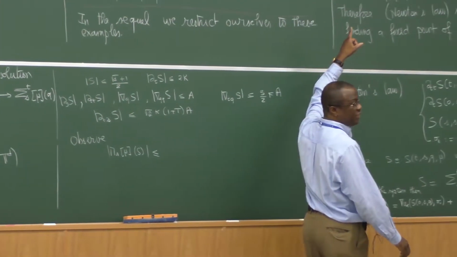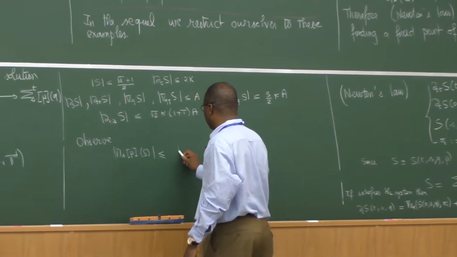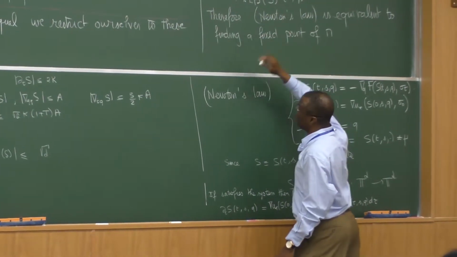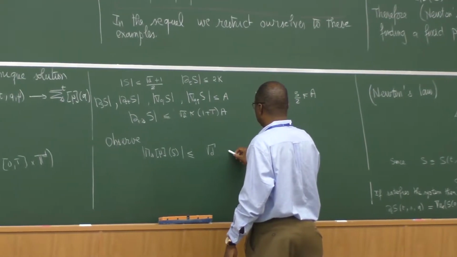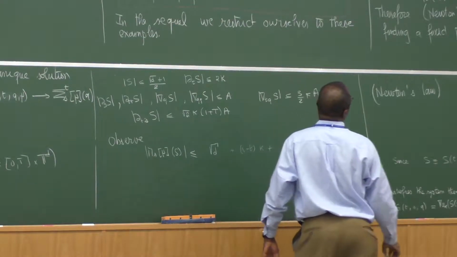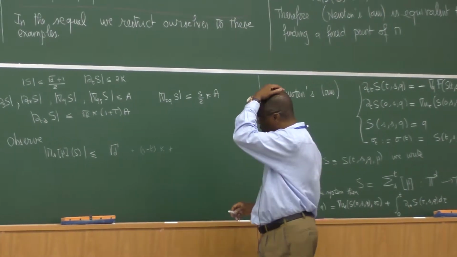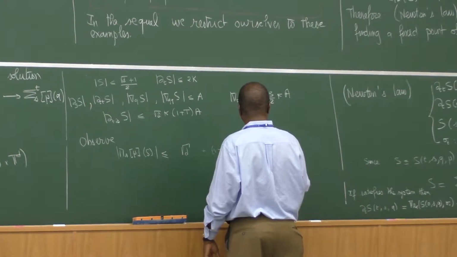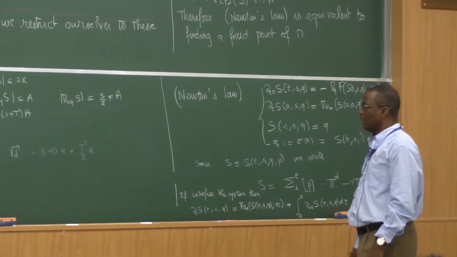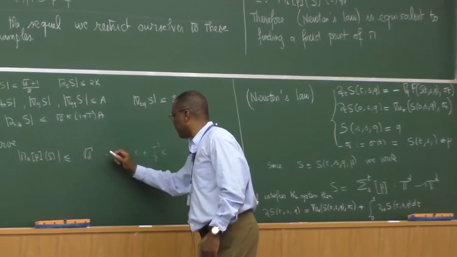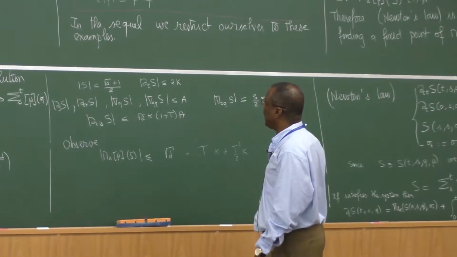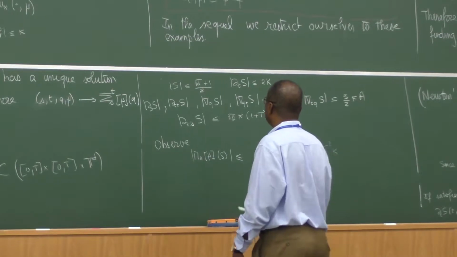The largest value which Q can take in the torus is square root of D. This is less than S minus T kappa plus, if you integrate that, you will get something which is less than t squared over 2 kappa. But s minus t is less than t. So if I take t small enough, then this condition will be satisfied.